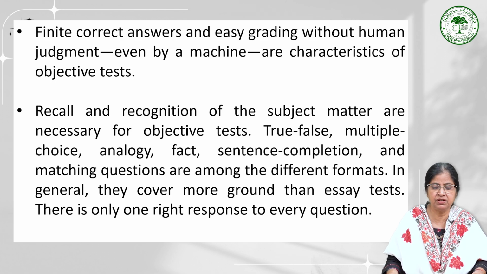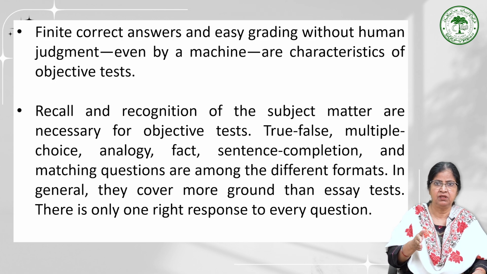And matching questions: column A, column B. Match the one in the first column with the one in the second column. The answers are given in column B, and you match one word with another that belongs to the same.